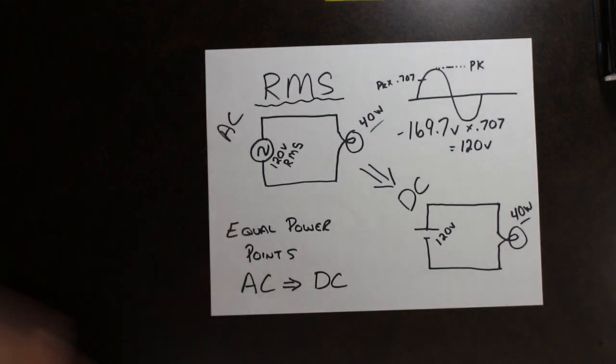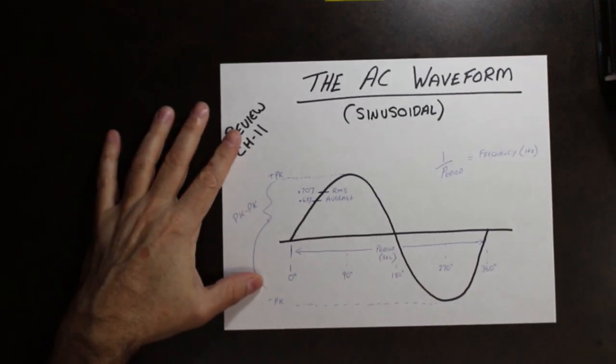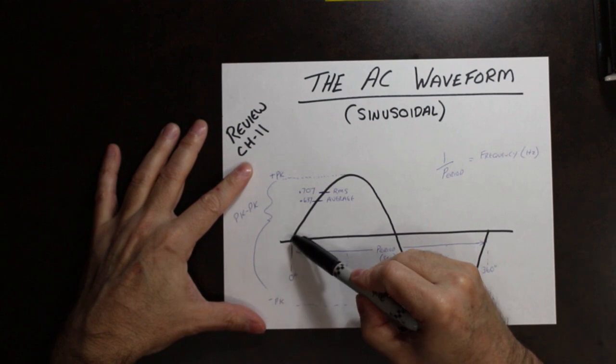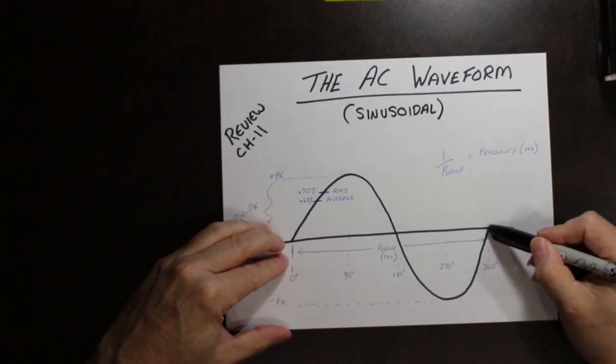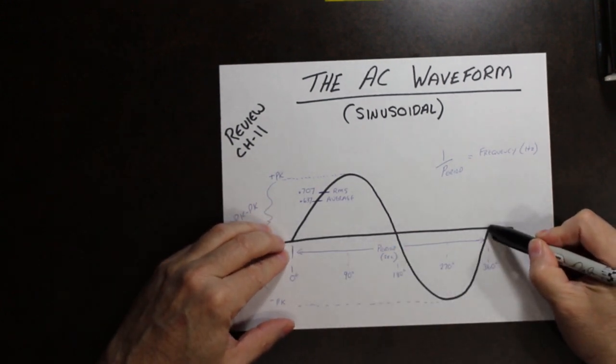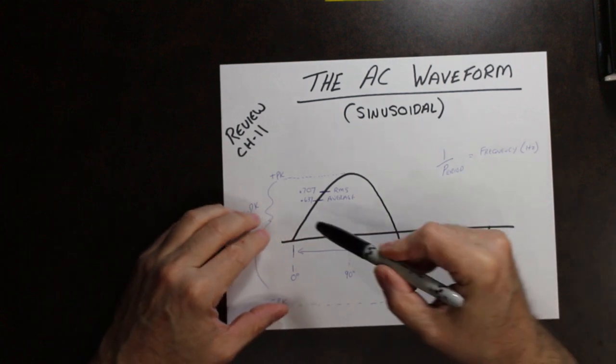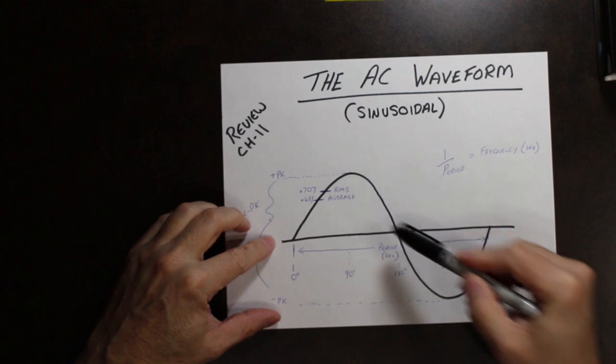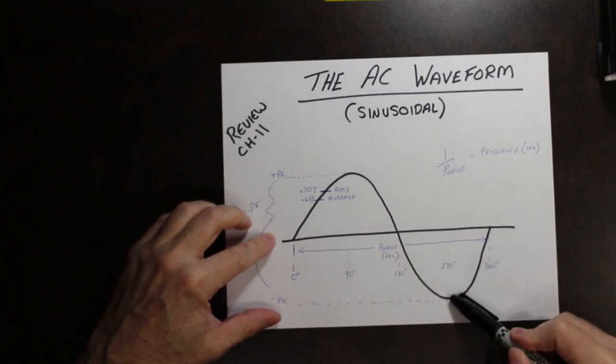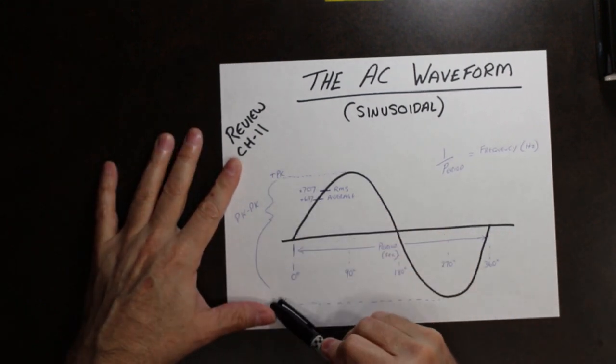So, if we look at our waveform once again, we have our 360-degree rotation of our generator. We have peak values. We have minus peak values. We have peak to peak values.